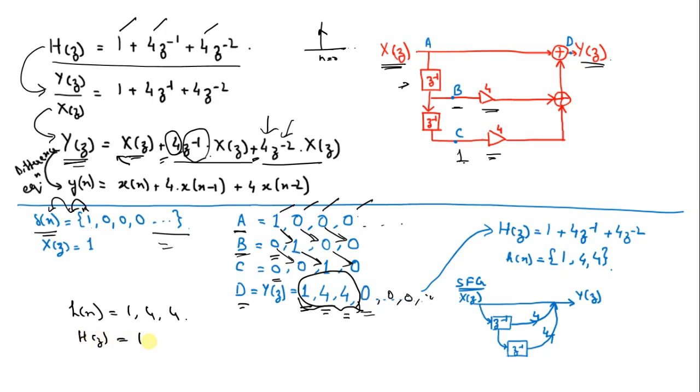It would be 1 plus 1, basically z to the power minus 0, plus 4 into z to the power minus 1 plus 4 into z to the power minus 2. Right? So 1 plus 4z inverse plus 4z to the power minus 2. So you are getting the coefficients from there, which is what you call basically the coefficients of the filter that you started with. That means the implementation of the filter is correct.